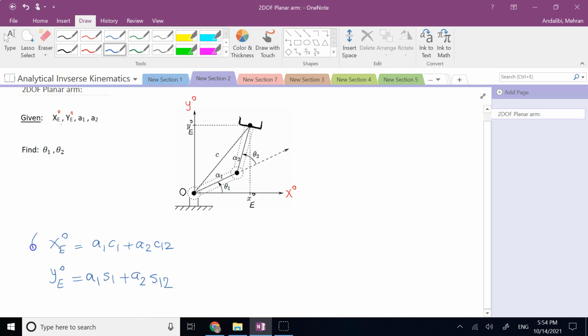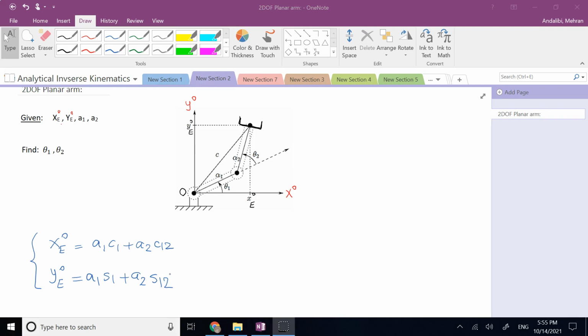Okay, so clearly you have 2 equations and 2 unknowns. The equations are nonlinear in terms of the unknowns. But in this case, because the robot is not very complicated, we can find solutions both using a geometrical approach and also a direct mathematical approach, pure mathematical without any geometrical interpretation.